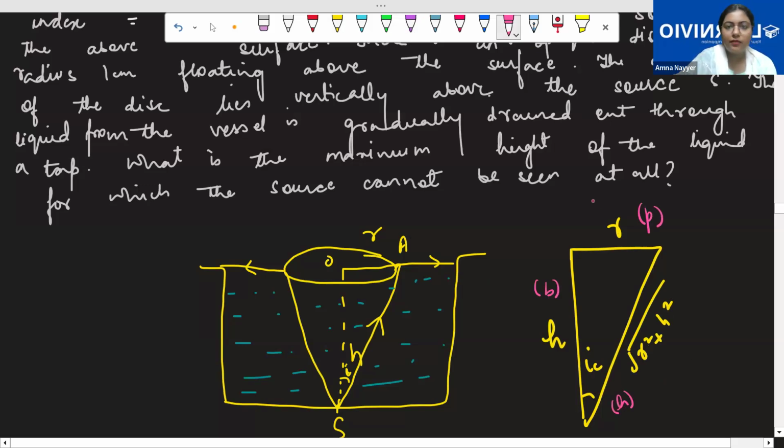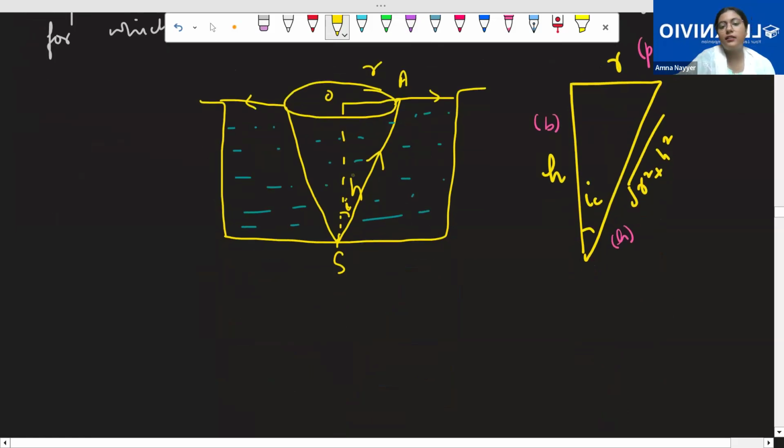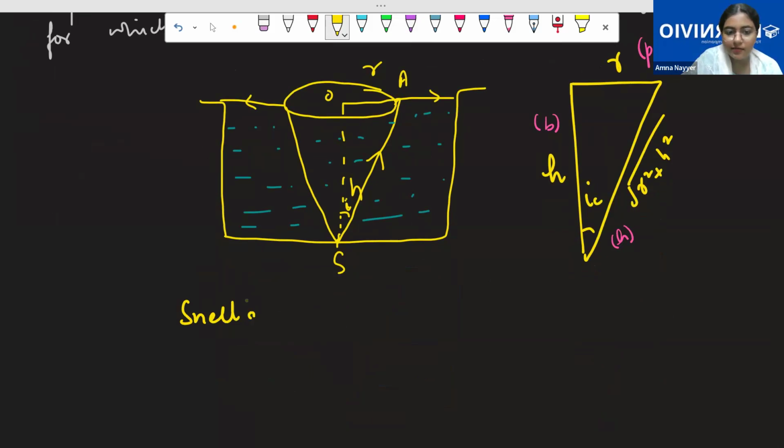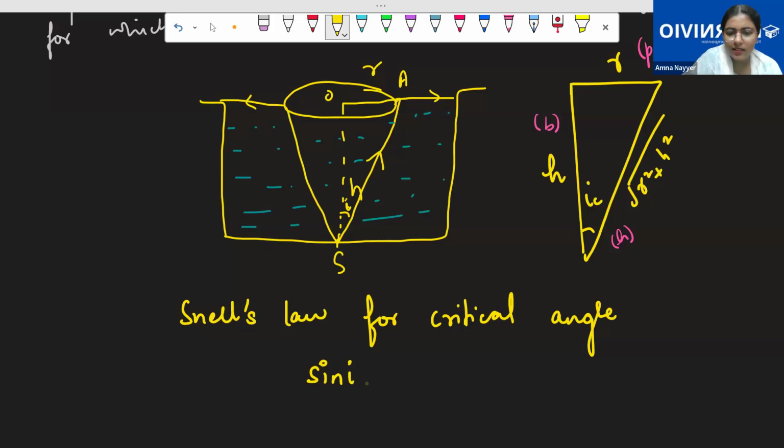Now look, from here we know one thing already. According to Snell's law, what is the formula value of sine IC? Snell's law for critical angle. Sin IC by sin R is equal to N2 by N1.